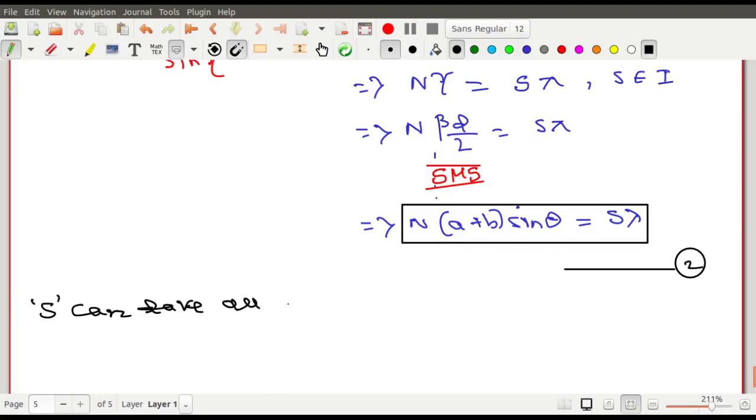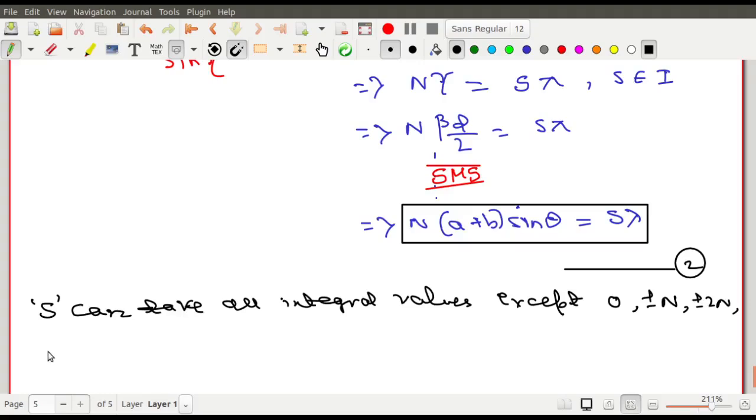S can take all integral values except 0, plus minus n, plus minus 2n, and so on, because these will lead to principal maxima.